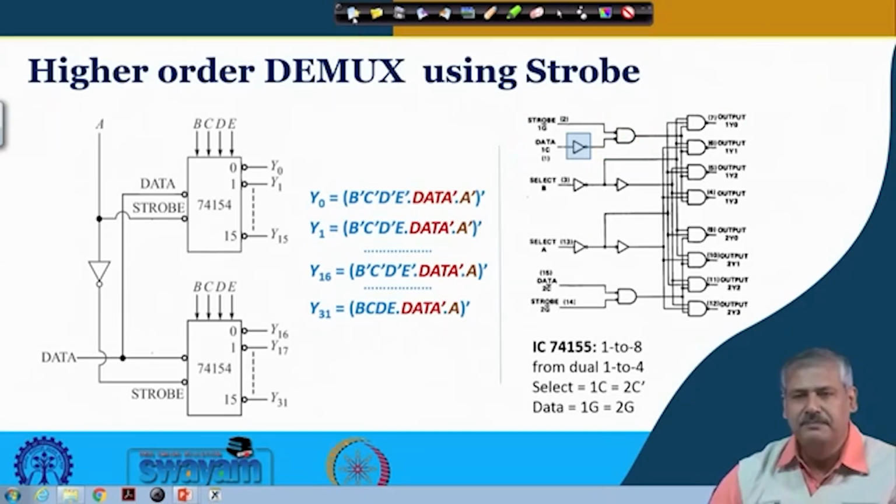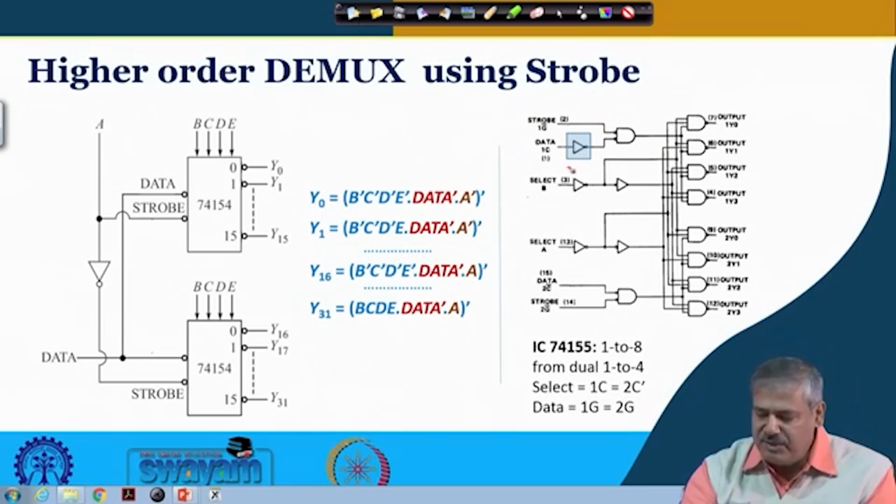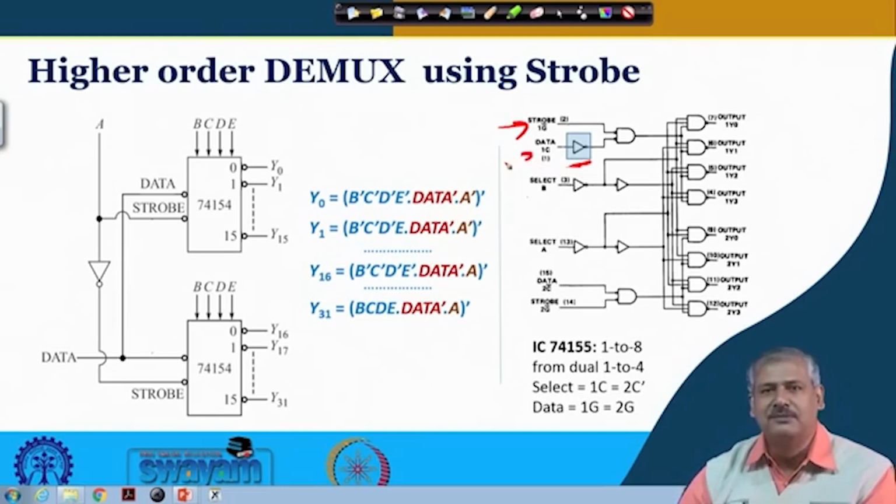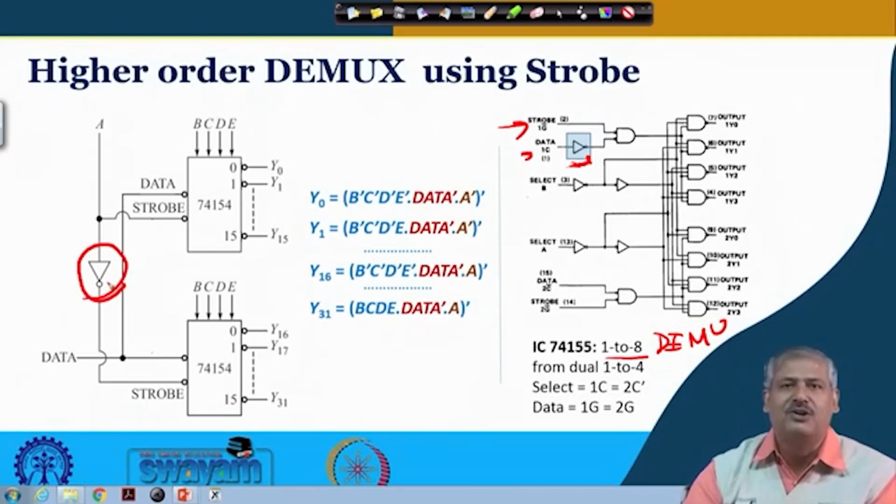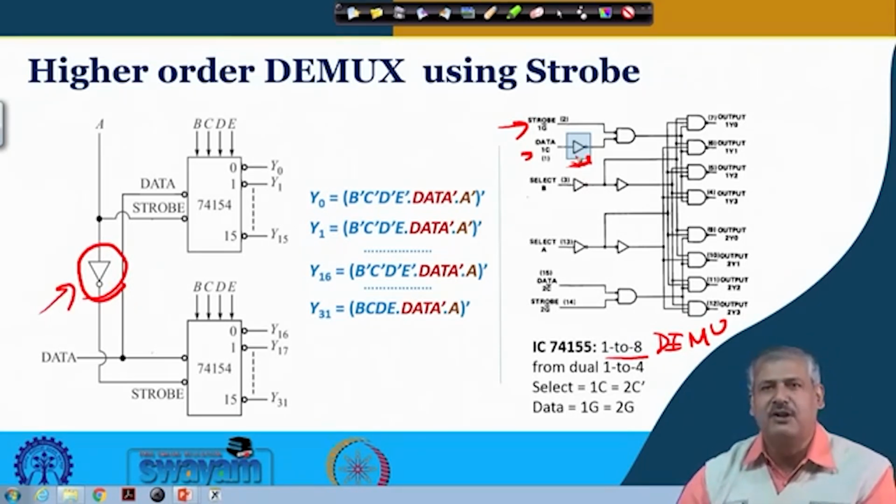Now, how does it help? Because of the presence of the inversion over here, if you put strobe as data, and data as strobe, then this inverter which is already present can be used to get a 1 to 8 demultiplexer from this 1 to 4 demultiplexer, and we do not need this external NOT gate as we had seen in this example, because the NOT gate is already present there.